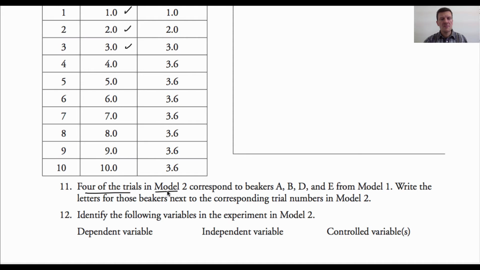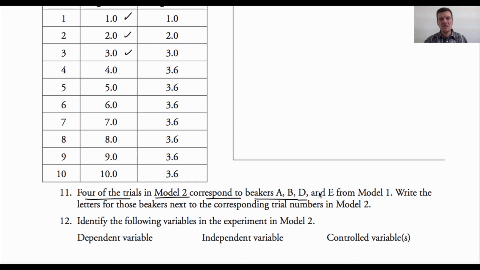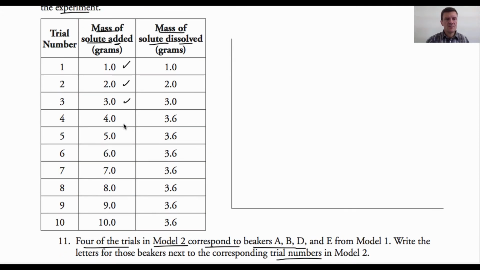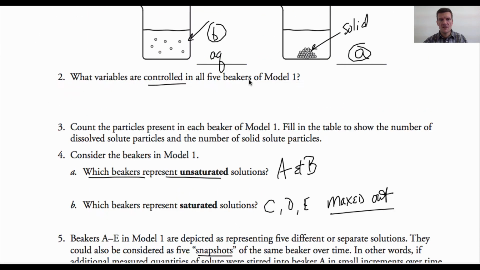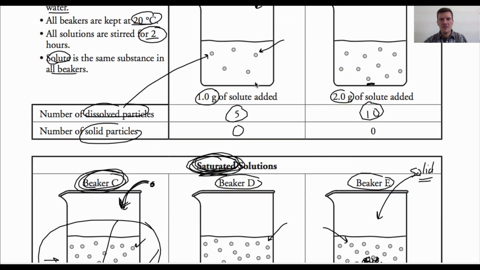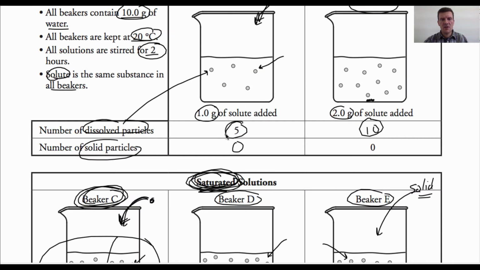Okay, 4 of the trials in Model 2 correspond to beakers A, B, D, and E from Model 1. Write the letters of those beakers next to the corresponding trial numbers. Well, let's compare these numbers to the numbers back up for each of the models. You have here 5 particles dissolved, then 10 particles dissolved.